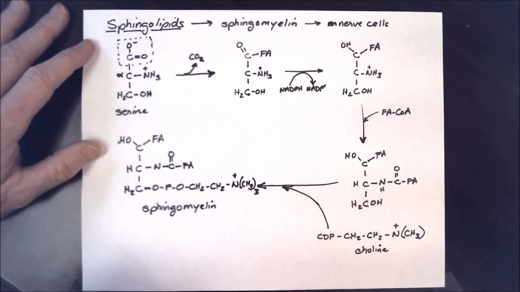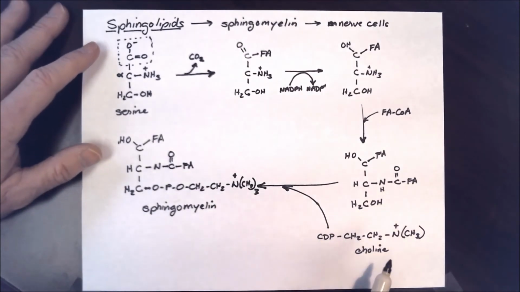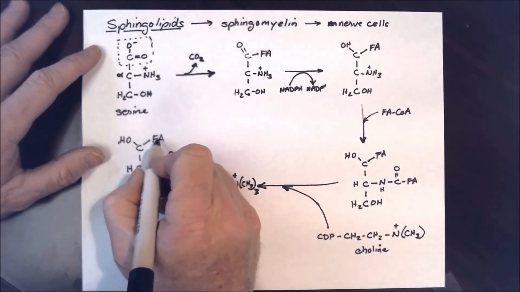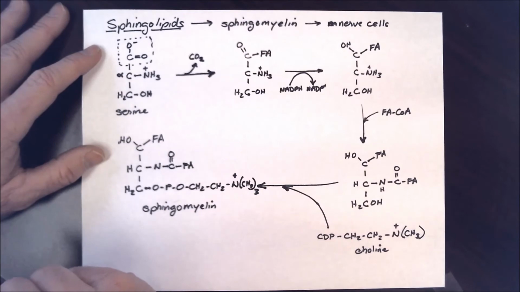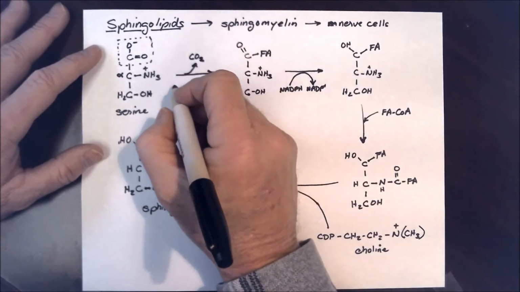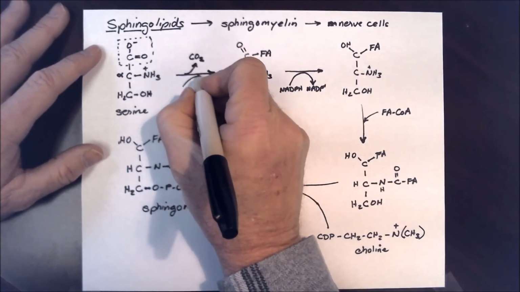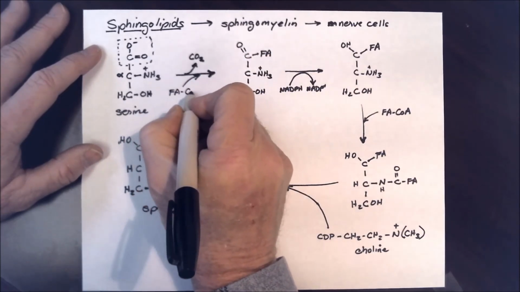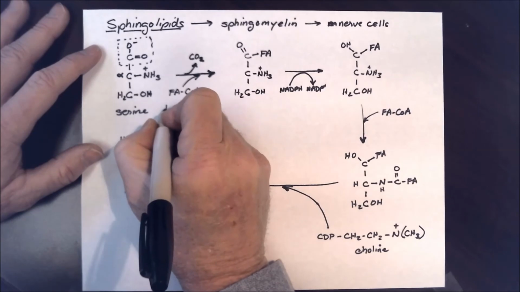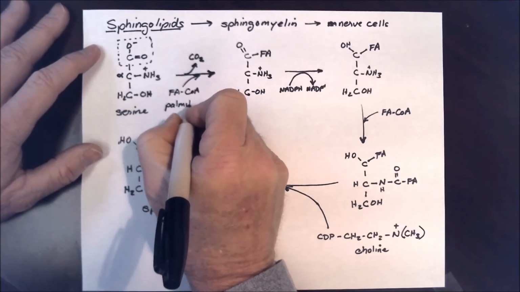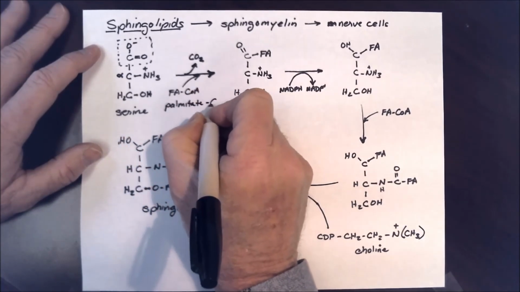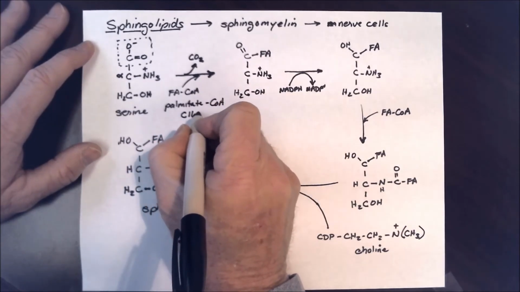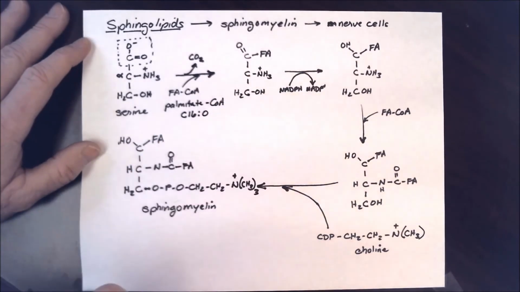Now, if you look carefully at the sphingolipid synthesis pathway, you'll also find that there is a double bond in this fatty acid. This fatty acid structure here, originally being added in the first step, of course, is a fatty acyl CoA, and this is always a palmitate CoA structure. So this is our familiar C16 fatty acid.